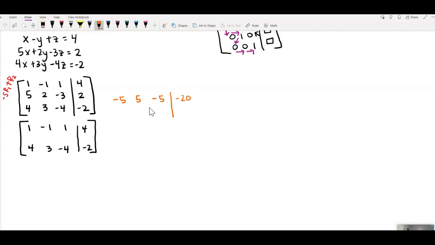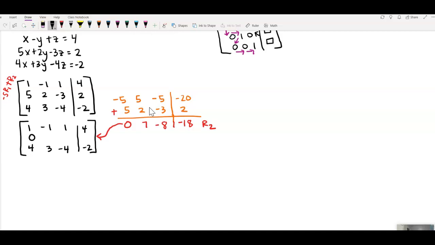And then I'm adding it to row 2, so I'll write out my row 2 here. If I add these together, I get a 0, which is what I wanted there. I get a 7, I get a -8, and I get a -18. So this is my new row 2, right? So I'm going to put that in here.